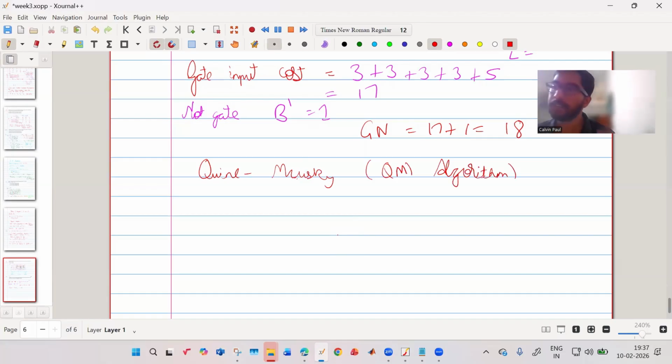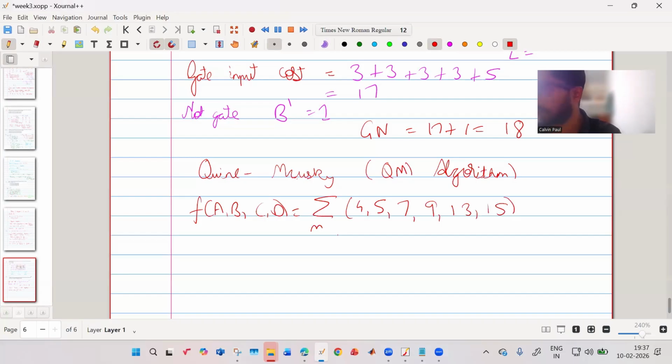Okay. So let us consider we have a simple circuit that is F(A, B, C, D) = summation of m(4, 5, 7, 9, 13, and 15).